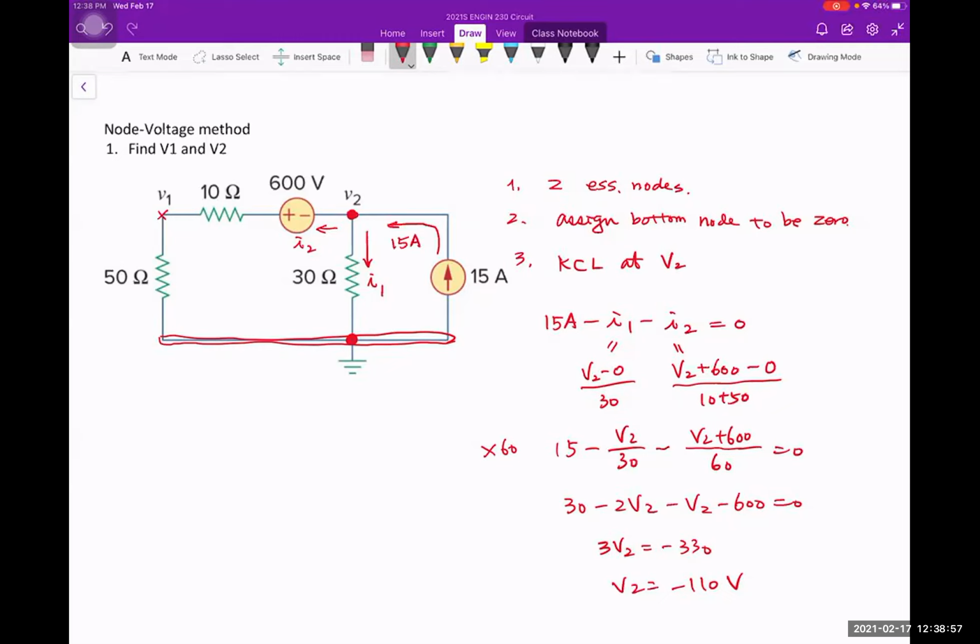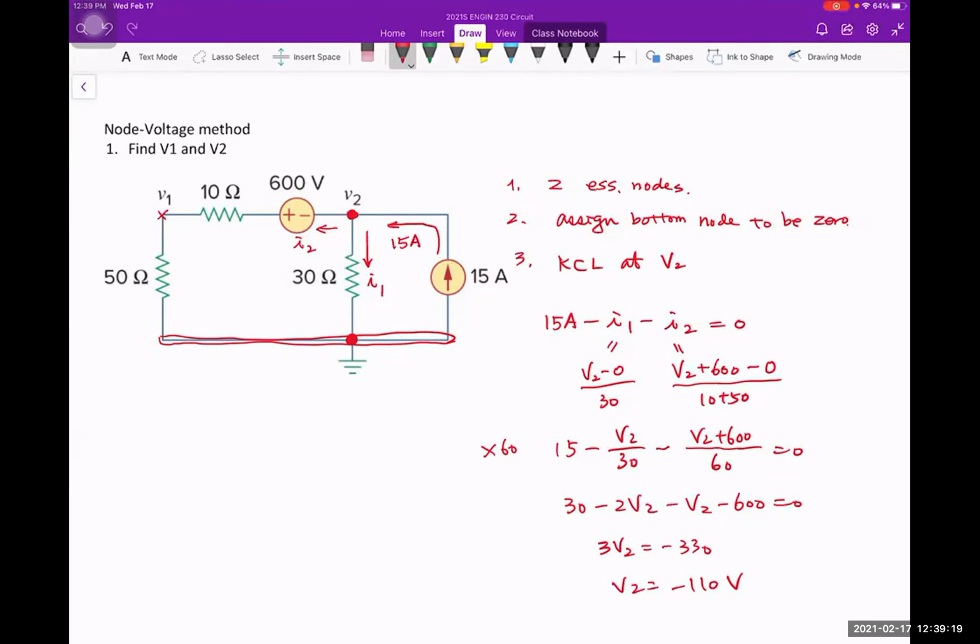No, you have to take 600 divided by 60 is 10. I have the what? 600 divided by 60 equal to 10. Negative 10. V2 minus 10?